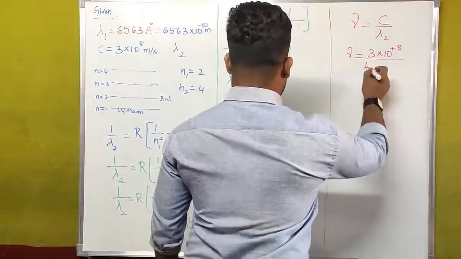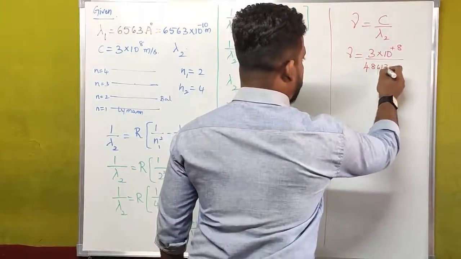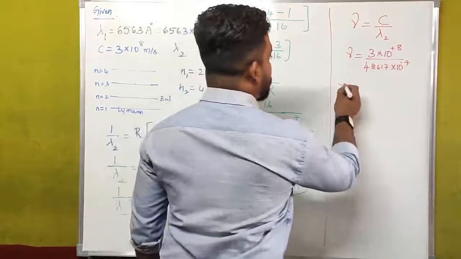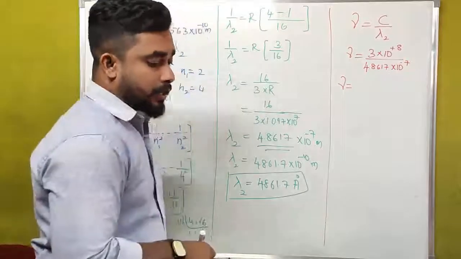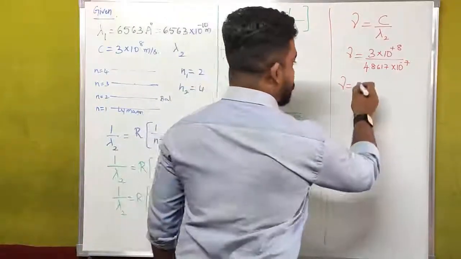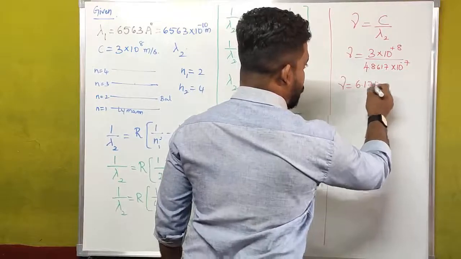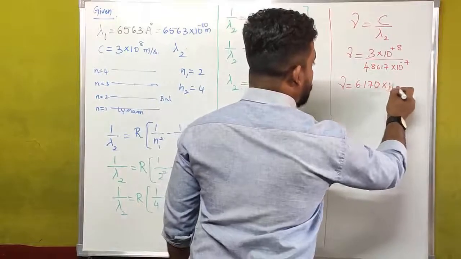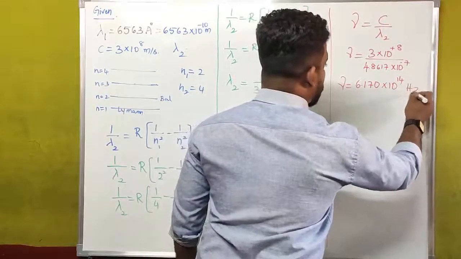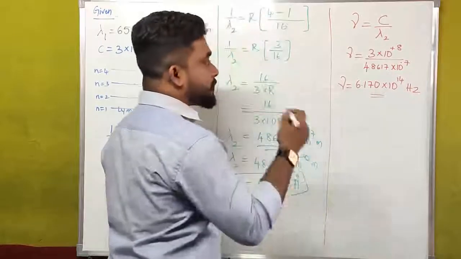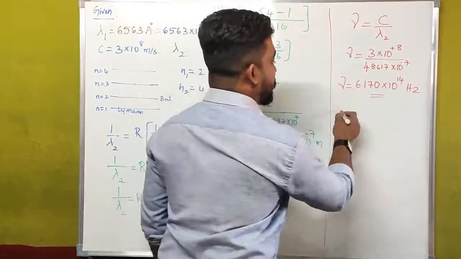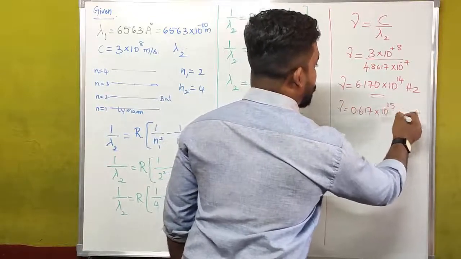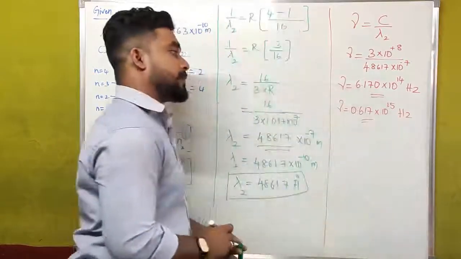If we substitute this value, 4.8617 into 10 to the power of minus 7 meter, and calculate, what we will get here is exactly 6.170 into 10 to the power of 14 hertz. In terms of 15, that is 0.617 into 10 to the power of 15 hertz is the actual value of frequency here.